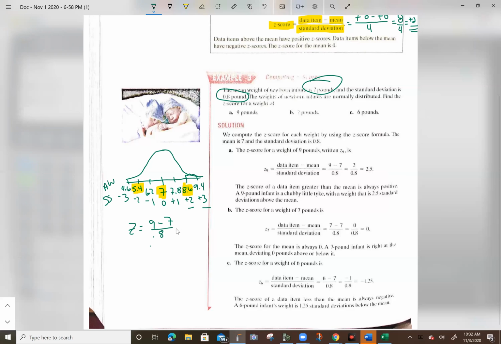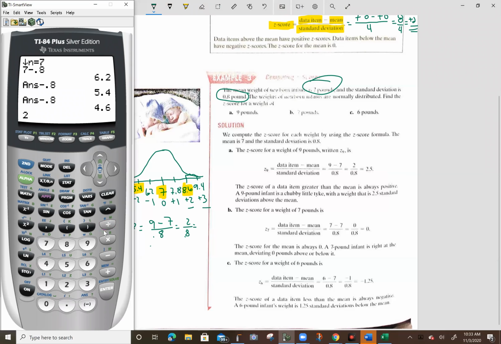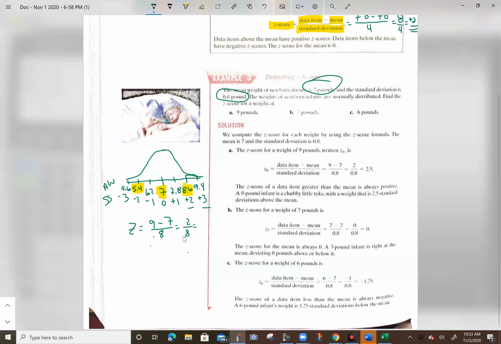It's equal to 2 divided by 0.8, which is 2.5. So it actually was right in the middle.